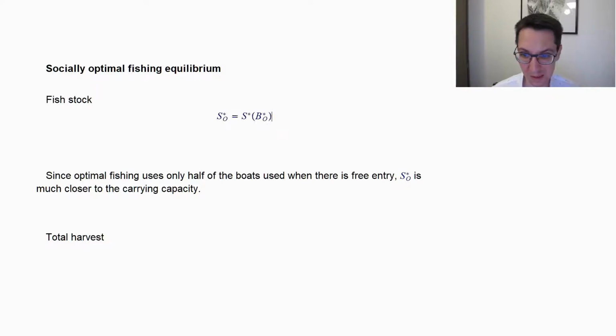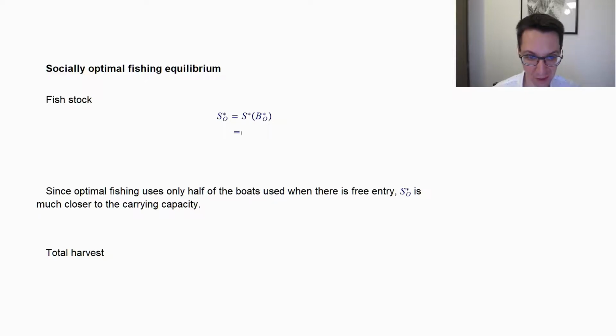And this, you may remember, was equal to K times 1 minus B star alpha divided by R. But then what we can do is already say that this is B star O here, right?